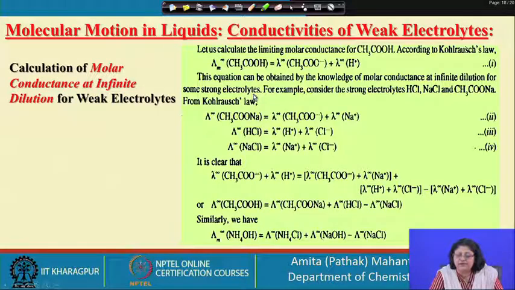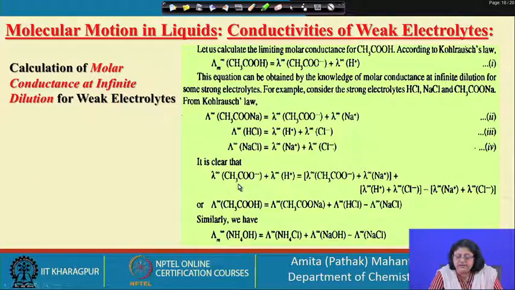Using strong electrolytes, you can find out, for example, consider the electrolytes HCl, NaCl and sodium acetate. Now, sodium acetate is going to dissociate like this, acetate plus sodium ion. HCl is going to dissociate into H plus and Cl minus. NaCl is going to dissociate into Na plus and Cl minus. So, I have to do this combination and find out if I can get the value of acetic acid.